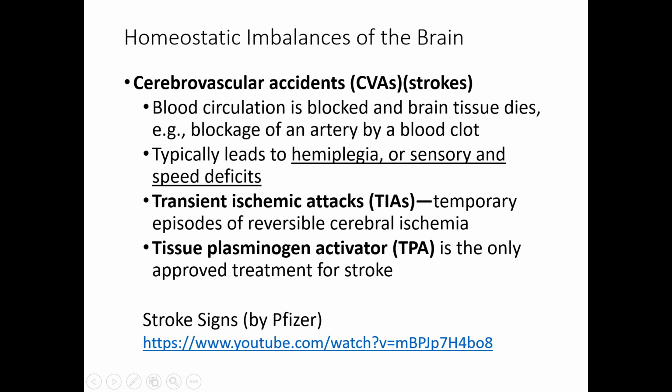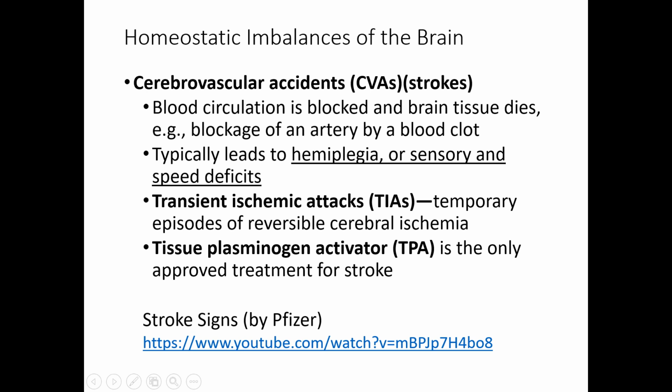If motor centers are damaged, it can cause hemiplegia. If some sensory areas are damaged, then the person cannot hear, for example, or cannot see anymore. And finally, speech deficits and speech problems also can happen. When strokes are temporary and mild, it's called transient ischemic attacks, TIAs, and those are reversible.